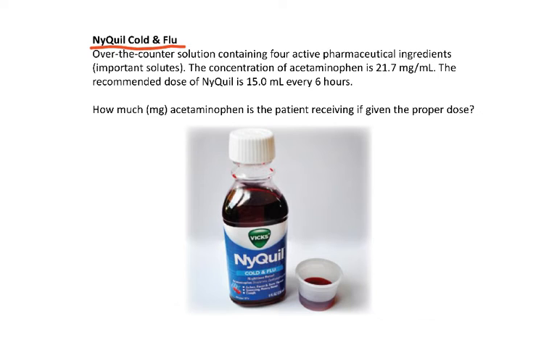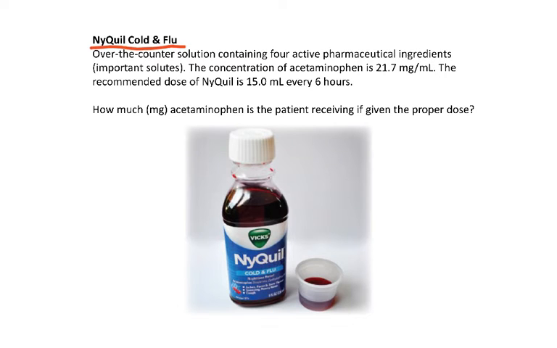The concentration of acetaminophen is 21.7 milligrams per milliliter. The recommended dose for an adult is 15 milliliters every 6 hours. So how many milligrams of acetaminophen is the patient receiving if given the proper dose?